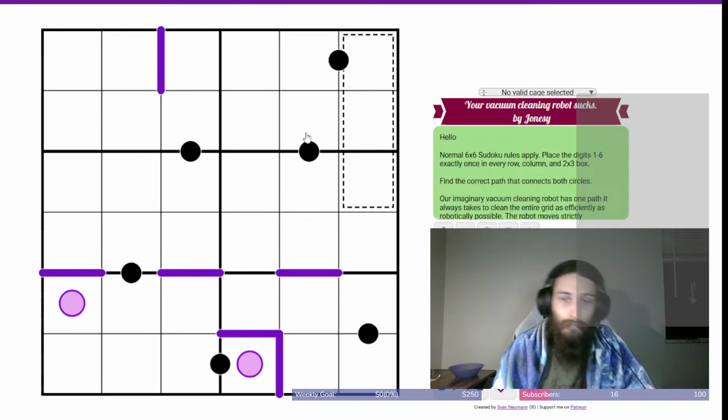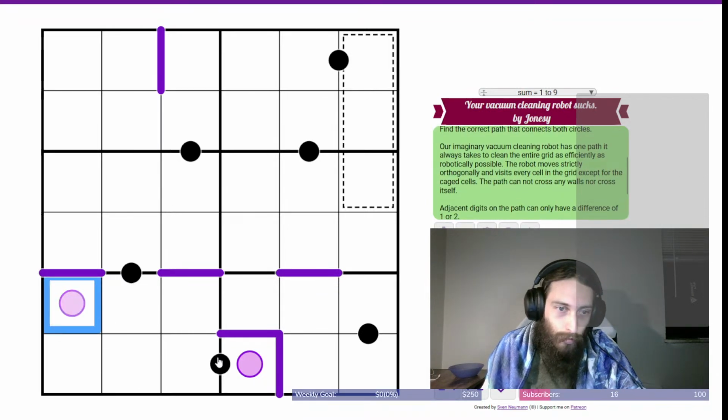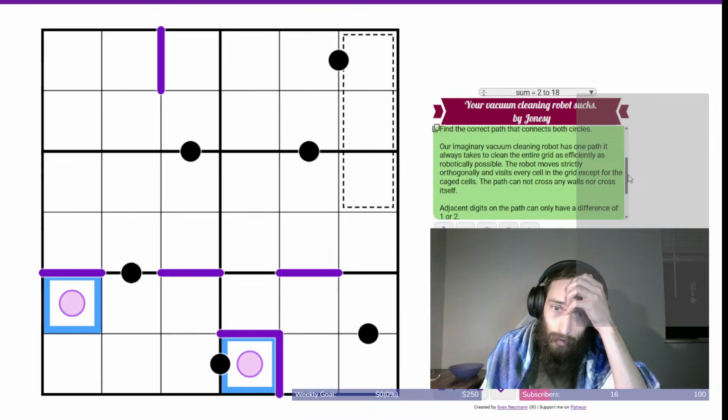Alright, so our goal is to go between those two. I imagine. To clean the entire grid as efficiently as robotically possible.